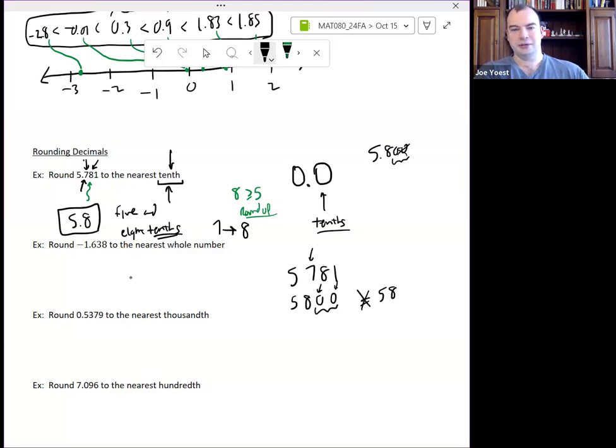Yeah, so we only look at the place of interest, the tenths place with the 7 in it, and one place to the right. And then all numbers to the left of the place of interest just stay the same. If somebody is increasing all of the numbers to the left by one, in short, they're doing it wrong.